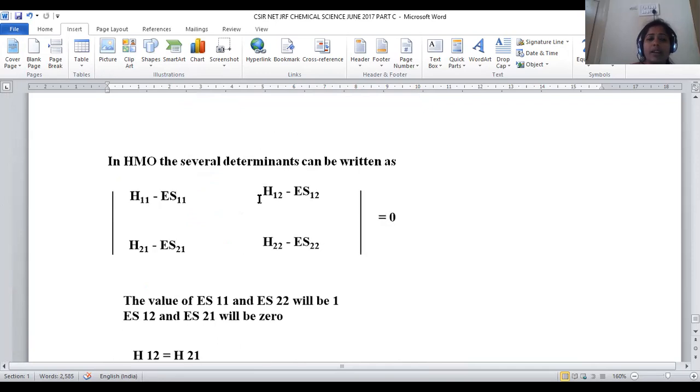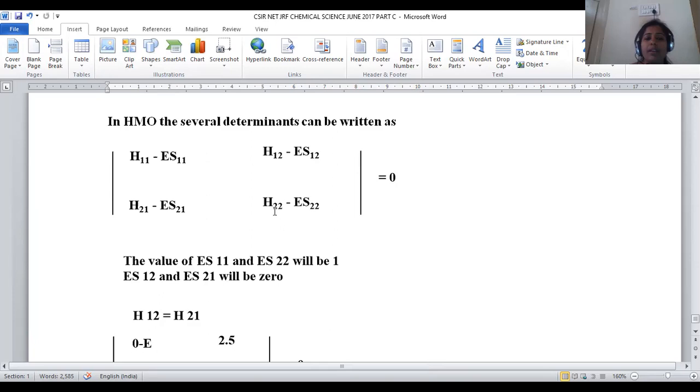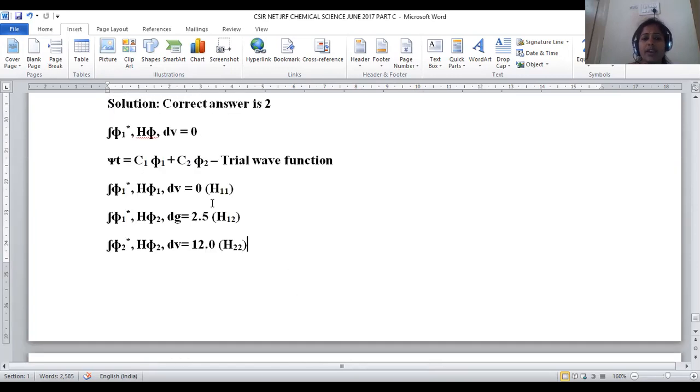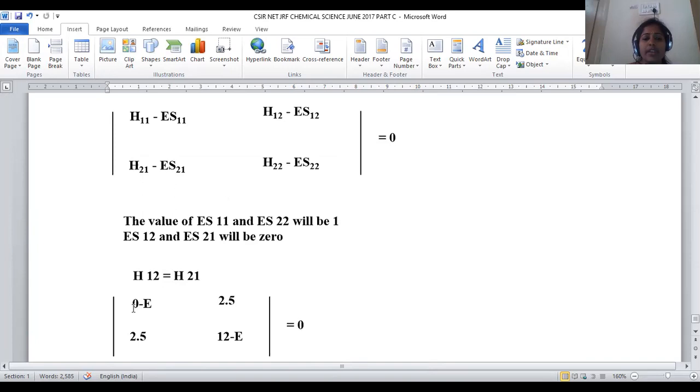And let us apply Huckel theory. When Huckel theory is applied, the determinant will be H11 minus ES11, H12 minus ES12, H21 minus ES21, H22 minus ES22. Let us apply all the values in this equation. What is the H11 value? H11 is given as 0. So let us put H11 as 0 here.